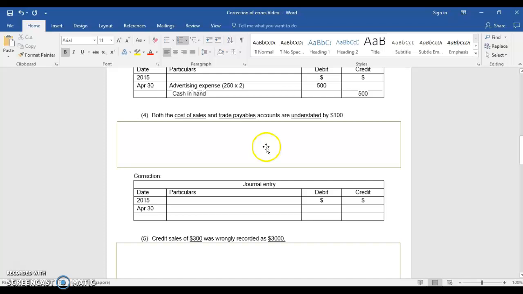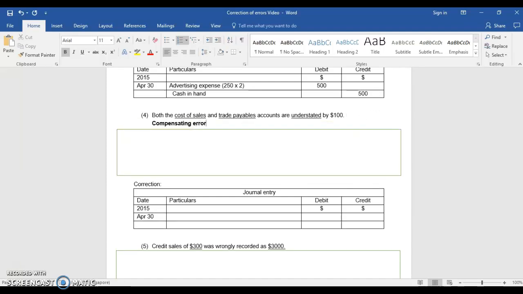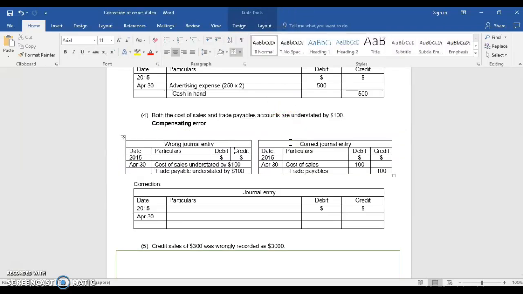The next error is both the cost of sales and trade payable accounts are understated. Now whenever you see the word understated or overstated, we are going to call this compensating error, because the error of these two accounts cancels off each other. So we are going to look at the process again. Cost of sales understated by 100, trade payable understated by 100.